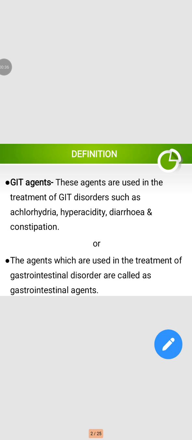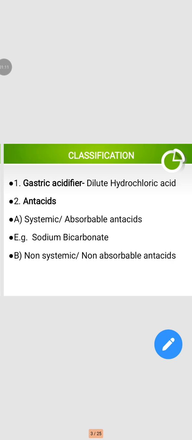Or another definition: some chemicals which are used in the treatment of gastrointestinal disorders are called gastrointestinal agents.